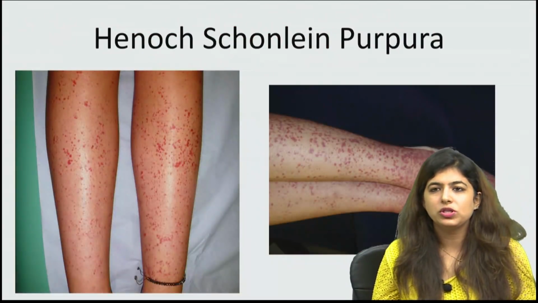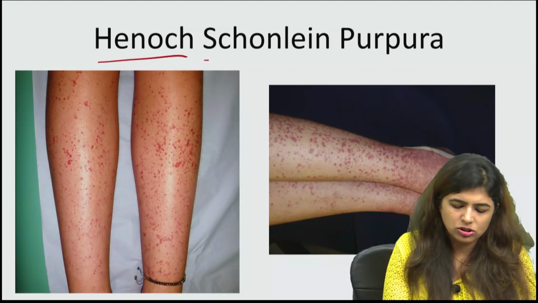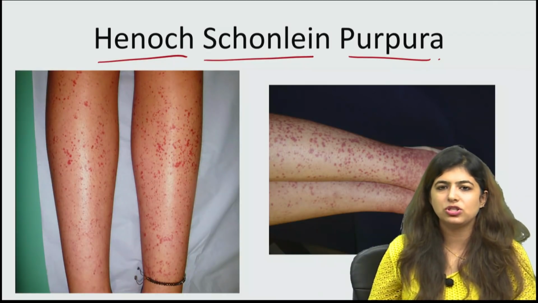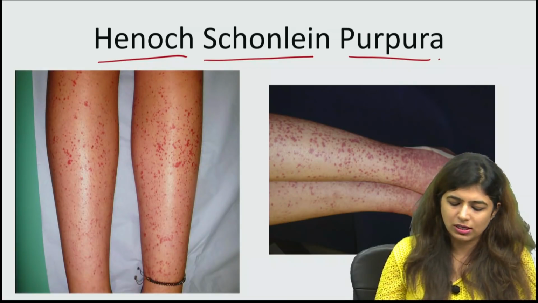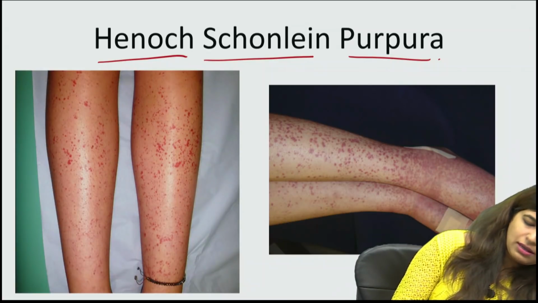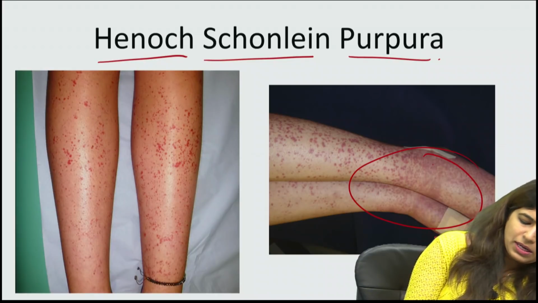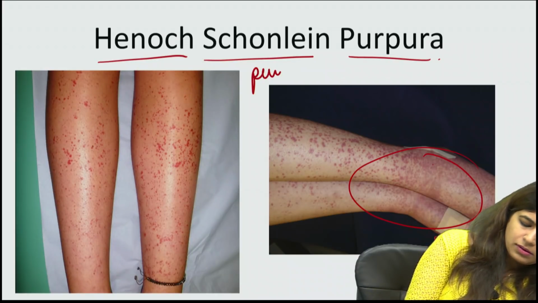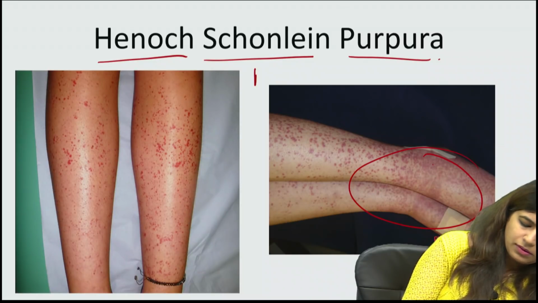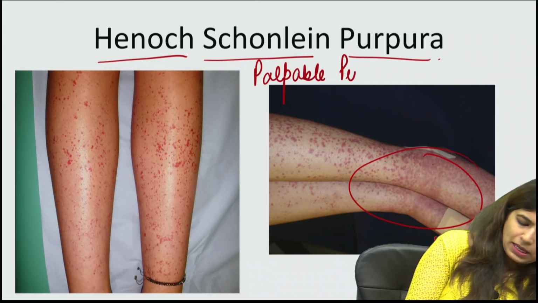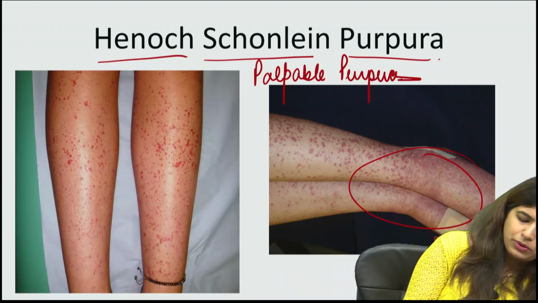The fourth option in the question was Henoch-Schönlein purpura. I have added the image here to show you that this could be a differential, because here also lesions are seen on the feet like this, but they are palpable purpura.